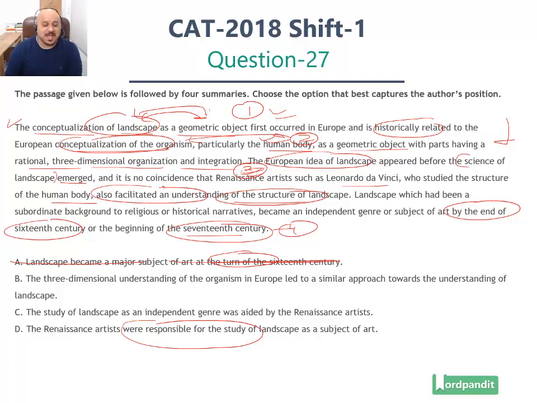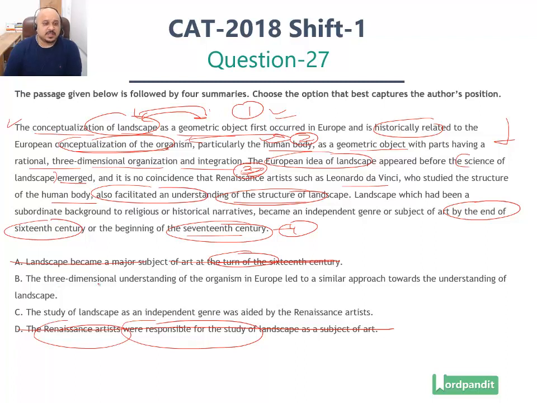So the passage is implying also facilitated. That means they were contributors to it. Option number D says they were responsible for it. So there is a huge change, right? This places the onus of responsibility on Renaissance artists, which is not done in the passage. The passage just identifies them as contributors. Hence, option number D is also ruled out, leaves us with two answer options.